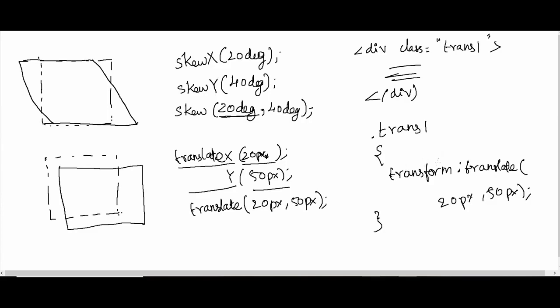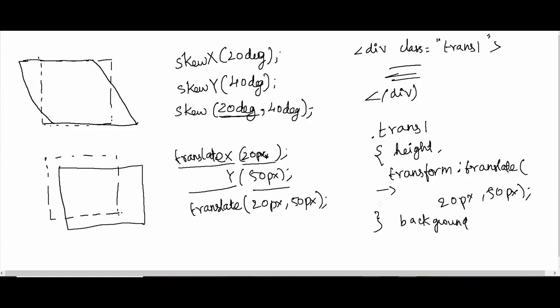This is the same format we use for skew, rotate, scale, for all those. Here you just give height and width so that you can identify the difference, height, width and background color. All these things you just give. After that you give the transform. So I hope you understand what transform is.